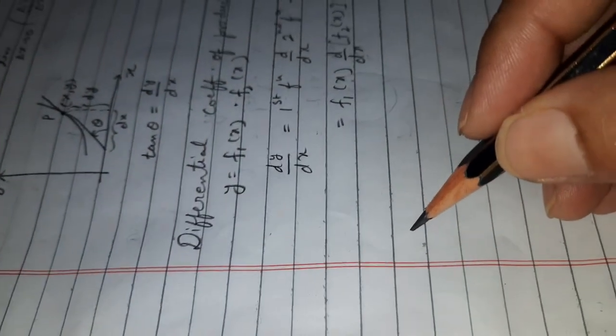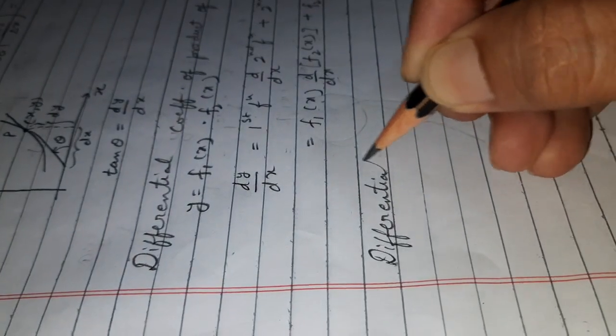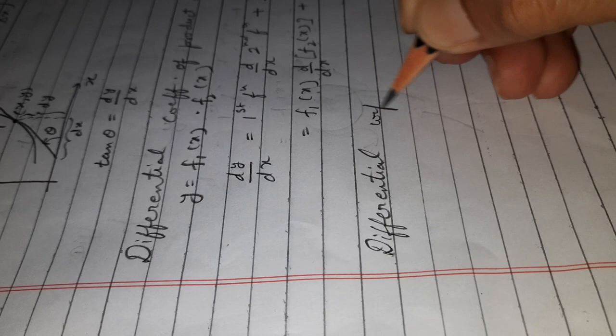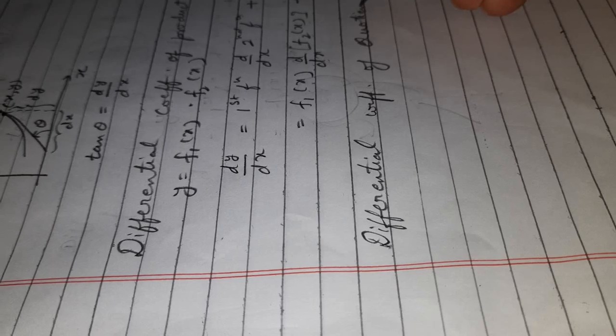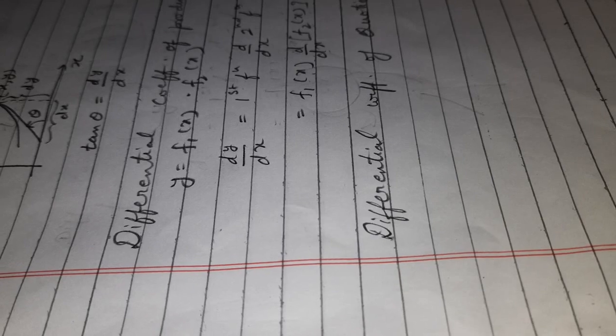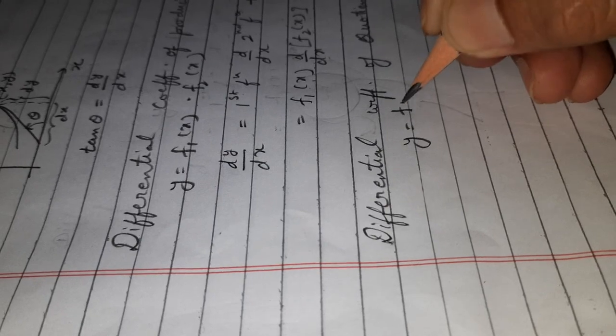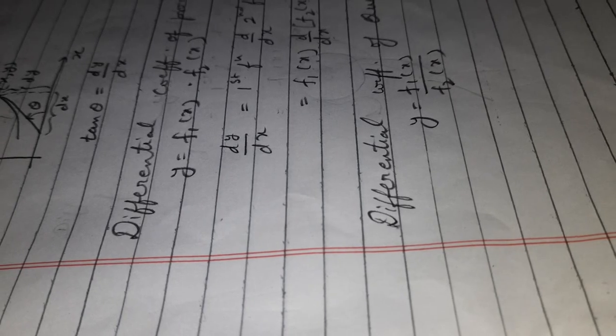Now the second part is the differential coefficient of a quotient of two functions. Again we assume the two functions are f1(x) and f2(x), but it is like f1(x) upon f2(x).